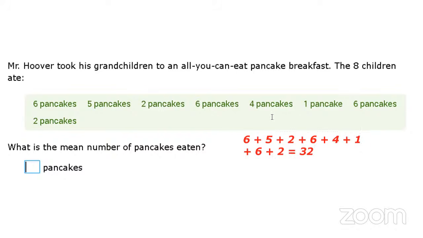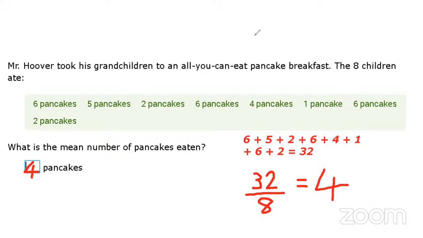So now we know it's 32. We divide 32 by 8 because we added 8 different values. We divide 32 by 8 and we end up with 4. So the mean or the average is 4 pancakes. Brilliant. Very good.